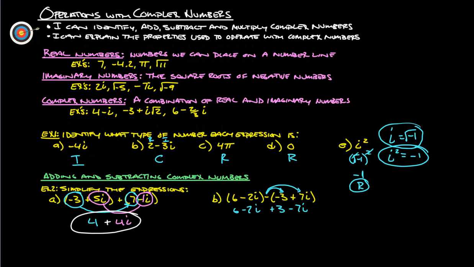And now all we're going to do is simply collect like terms, right? 6 and 3 group together to get us 9, and then negative 2i and negative 7i group together to give us minus 9i. It is a coincidence that 4 and 4i, 9 and negative 9i match. They're not going to always match. It just so happened in this set of examples.